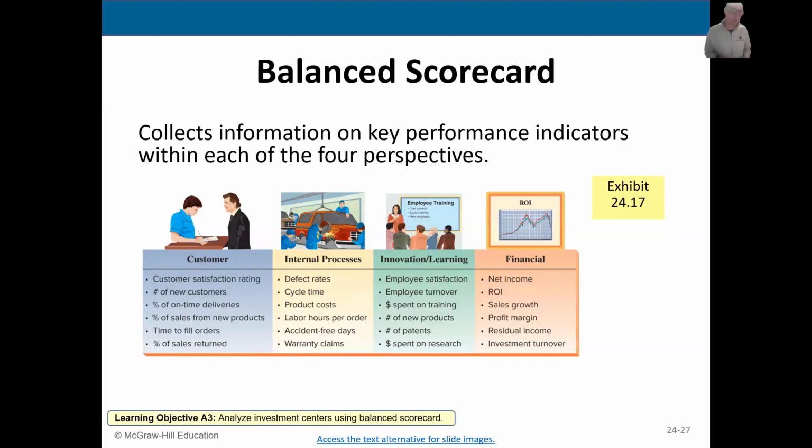This would include things like looking at the defect rates, product costs, labor hours, warranty claims, etc. These are all part of internal processes. It helps the company to look at what they're doing right and to improve what they're not doing right.